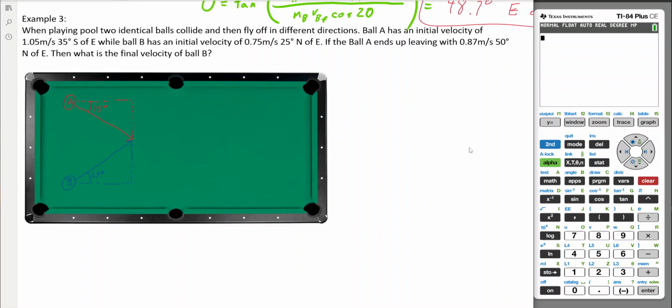Then it says, if ball A ends up leaving with 0.87 meters per second, 50 degrees north of east, what is the final velocity of ball B? So this would be like this, leaving off in this direction. And it's north of east, so that would be 50 degrees here from the center line.